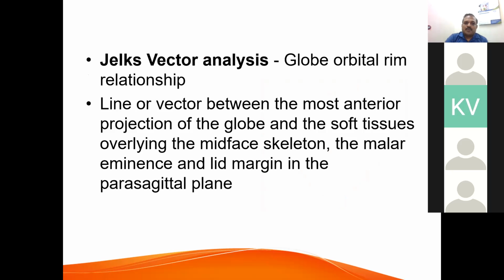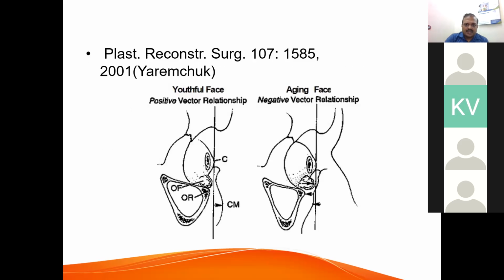You drop a perpendicular and draw a parallel line anterior to the projection of the globe. That will show how much the supraorbital rim is ahead of the globe, the infraorbital rim behind the globe, and the position of the malar eminence.